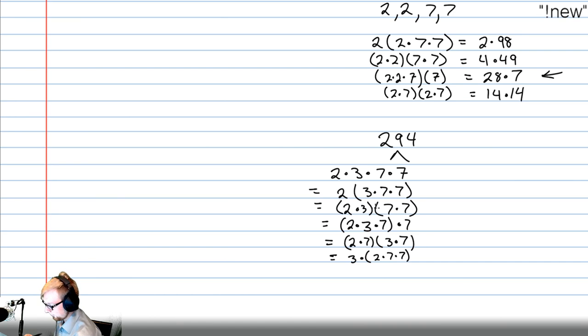Okay, so let's see what you have. You have 2 times 3 times 7 times 7. And then the last one is... Okay, I'm still missing one.